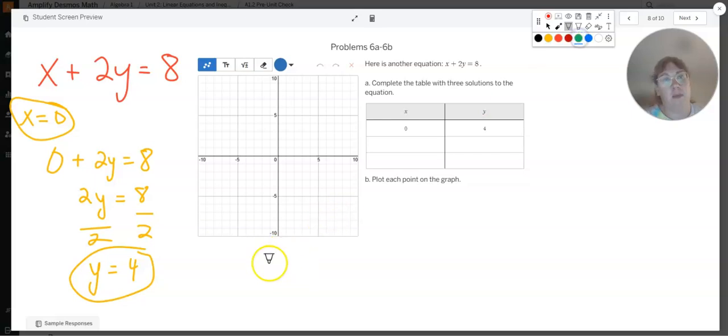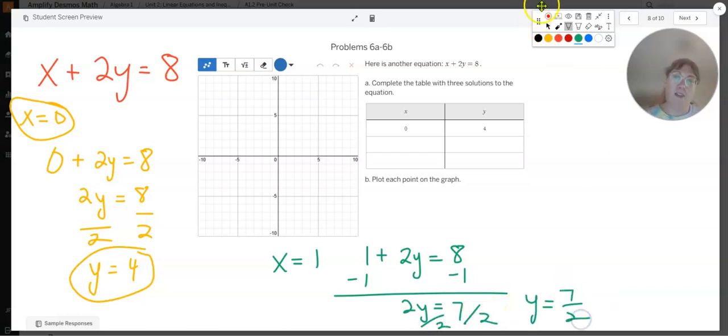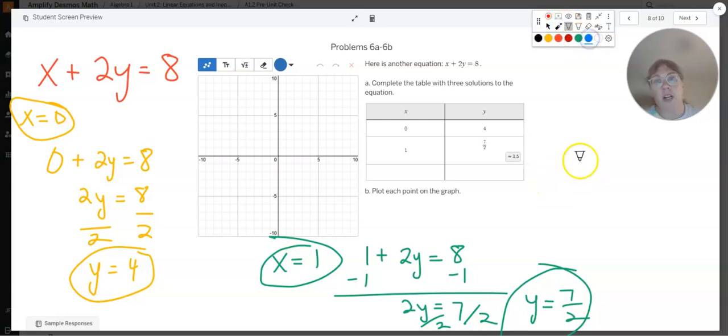Let's plug in x equals 1. So we'd have 1 plus 2y equals 8. Subtract 1 on both sides, and we'd get 2y equals 7. Divide both sides by 2, and we'd get y equals 7/2. So when x is 1, y is 7/2. We'll do one more. How about when x is 2?